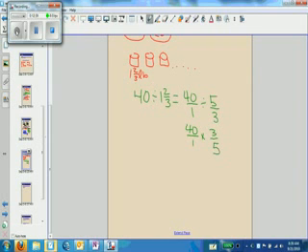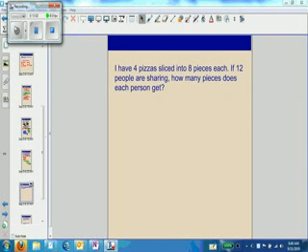Once we have a multiplication problem, we're going to cross cancel. And how many sugar shakers can we fill? 24. So we can fill 24 sugar shakers with our 40 pounds of sugar.